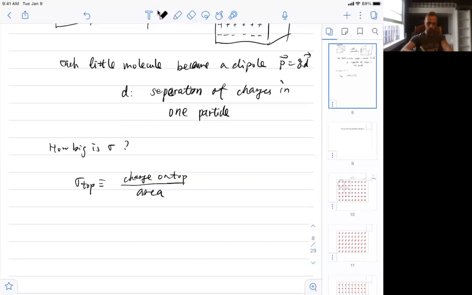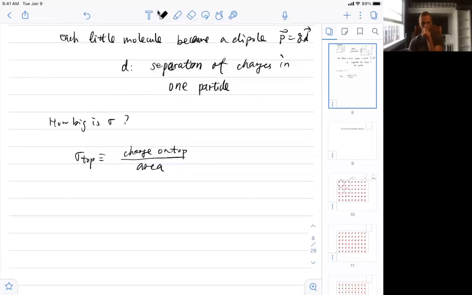That's what surface density means. So it's the charge on top divided by area. The charge on top, if you calculate it, is going to be the number of atoms, each of them carrying the total charge Q, over area.